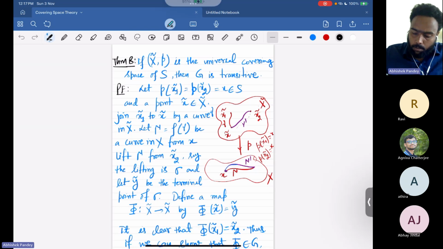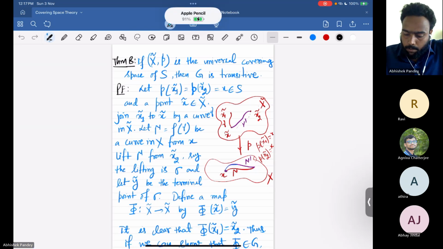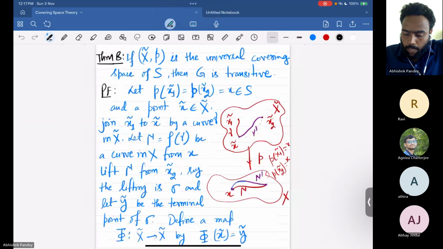In the proof of this one, I'm taking the universal covering space of a surface S, and then we are showing that G, the covering group, is transitive. Here I'm taking a point x tilde, and we are joining x1 tilde to x tilde by a curve gamma.